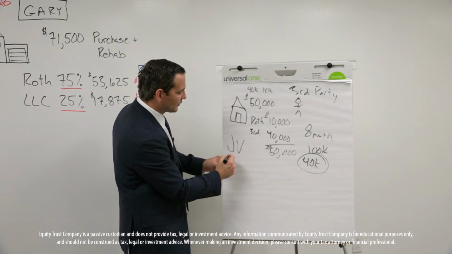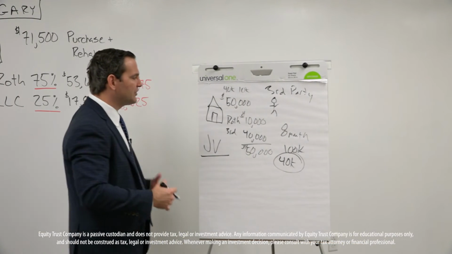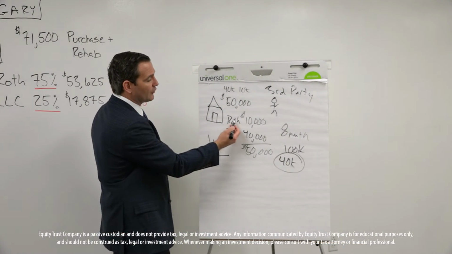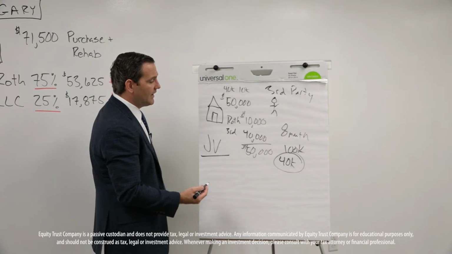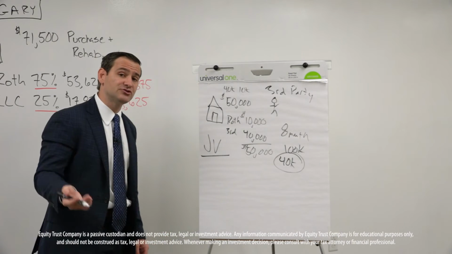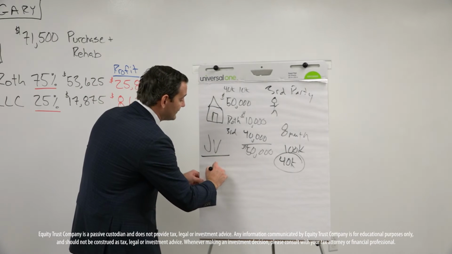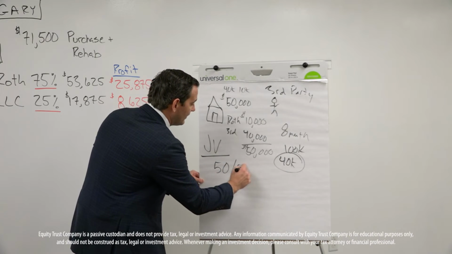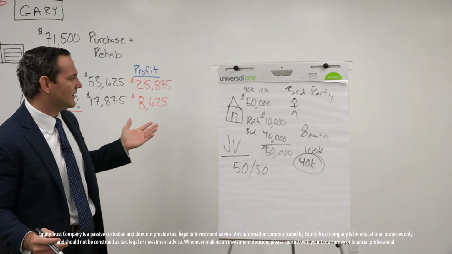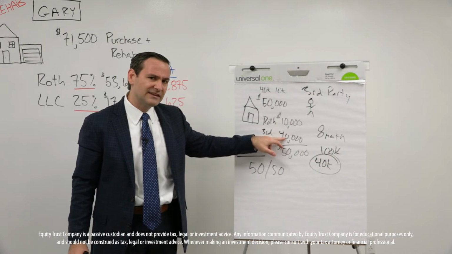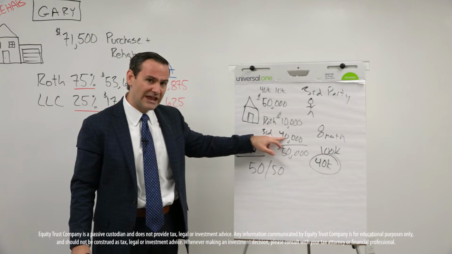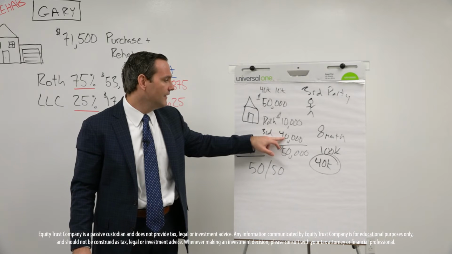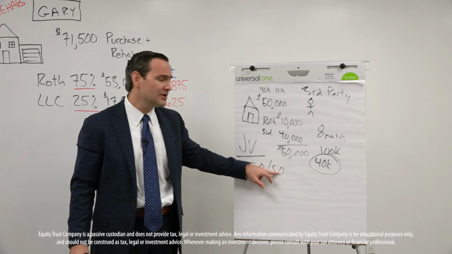So for the purpose of this, we're going to call it a joint venture. We create a joint venture between the Roth IRA and the third party, and per the terms of the joint venture agreement, we're going to say that the profits are going to be split 50-50. Now you're probably thinking to yourself, wait a second, if the third party is kicking in 80% of the capital required, why are they only getting 50% of the return?